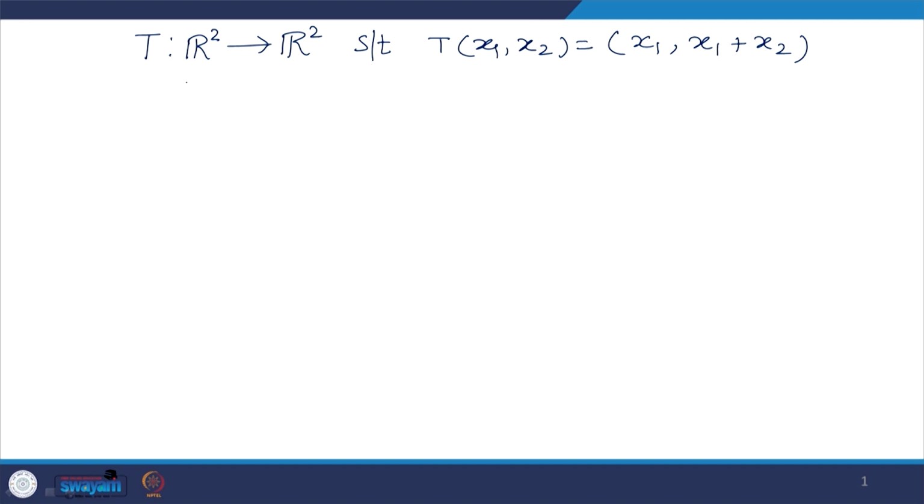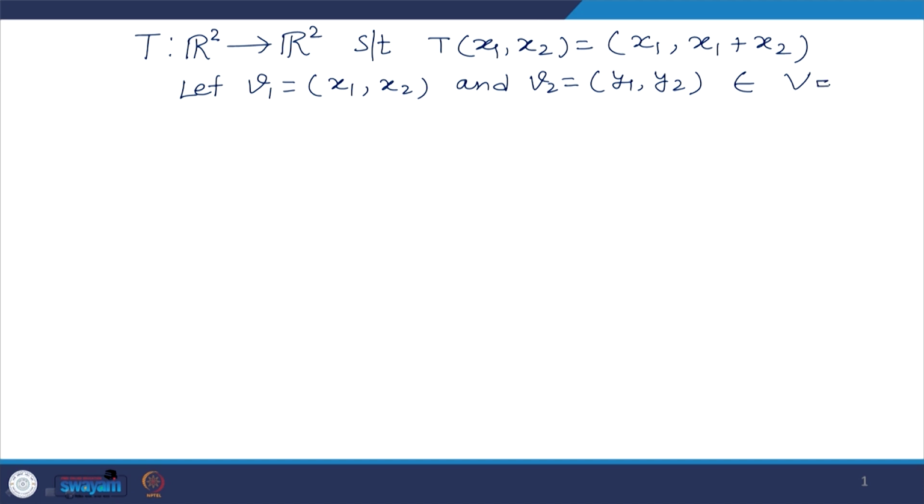Let V1 equals (x1, x2) and V2 equals (y1, y2) belong to V. These are two arbitrary vectors from the vector space V, that is your R2 over the field of real numbers.